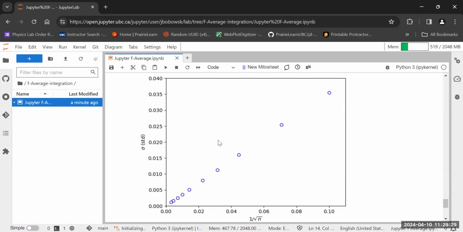So if you get some uncertainty in your integral calculation and you want to cut it down by a factor of 10, you have to increase your number of trials by a factor of 100. Okay, and so that's how it would work.